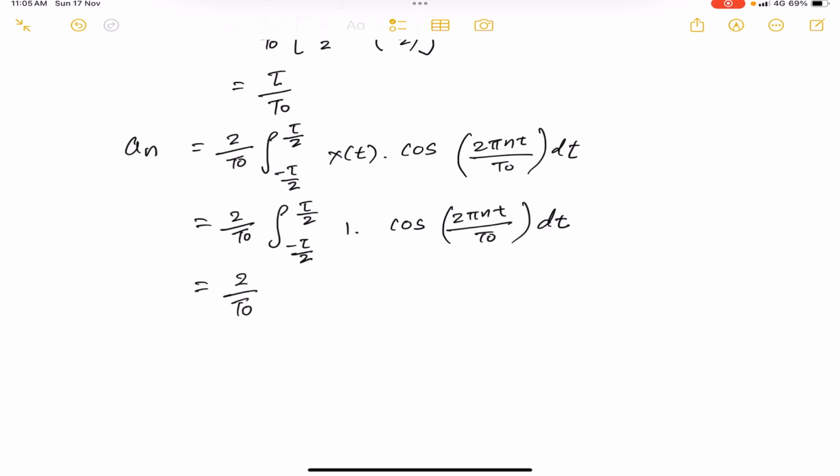Let's say integrate cos at, you will get sine at over a. The a here is 2 pi n over T0. So you need to multiply with T0 over 2 pi n, and then you integrate cos, you get sine. It's from negative tau over 2 to tau over 2.